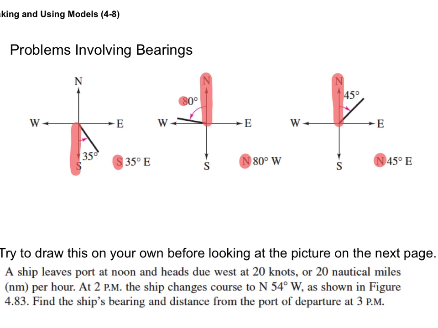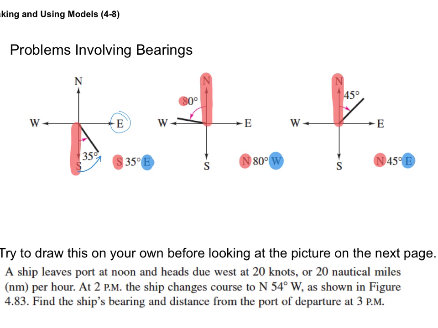The second direction will always be east or west. And the east or west tells us which way we're going to rotate. So we're starting from due south. East is over here, so we're going to rotate that direction 35 degrees.